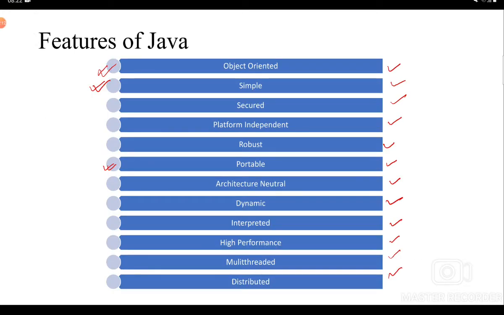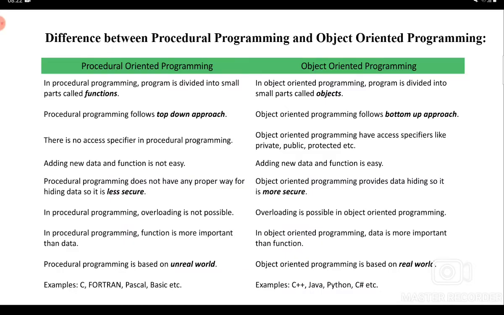Talking about the final discussion for today, which is the difference between procedural programming and object oriented programming. Procedure oriented programming, or procedural programming as we say, we have already done in our C programming sessions. They follow a definite procedure.